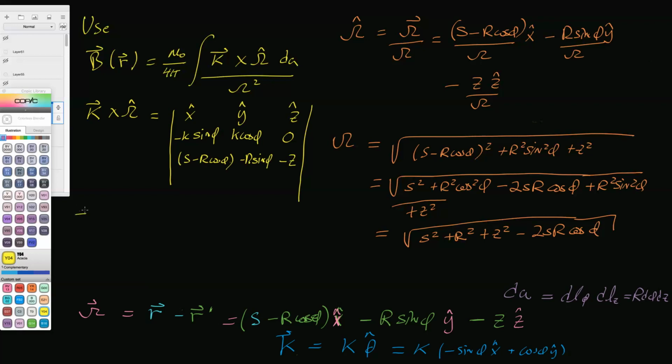All right, so looking at the X component, it's going to be negative KZ cosine phi, minus 0, so there's the X component. And then minus the Y component. Oh, and I forgot the over omegas on these, so this is all over omega. So I will put everything over omega.